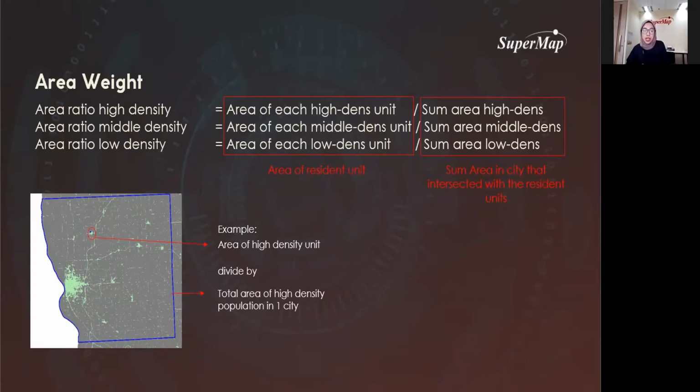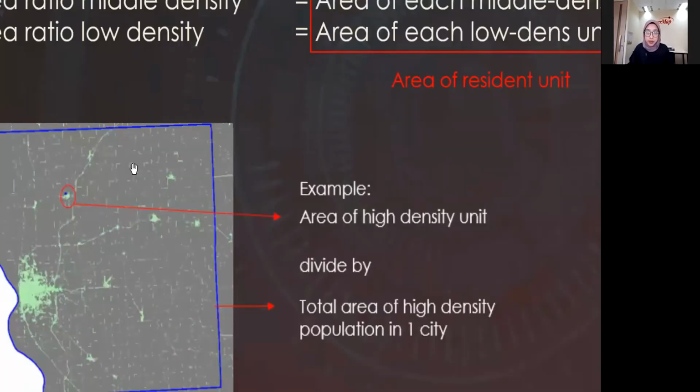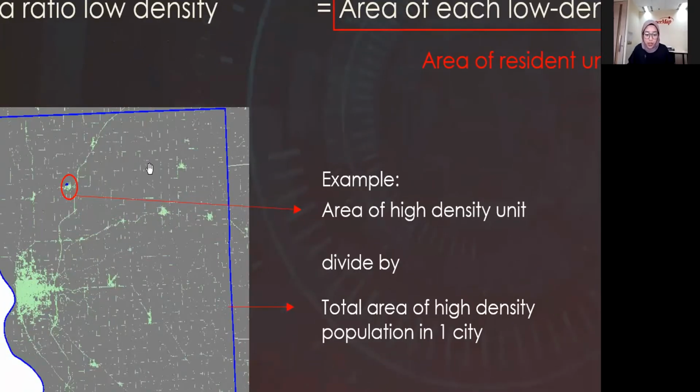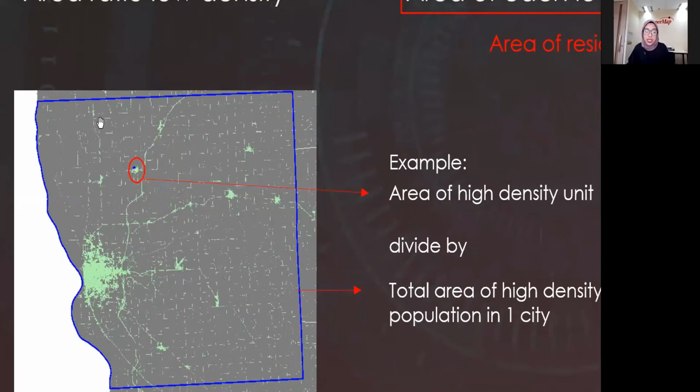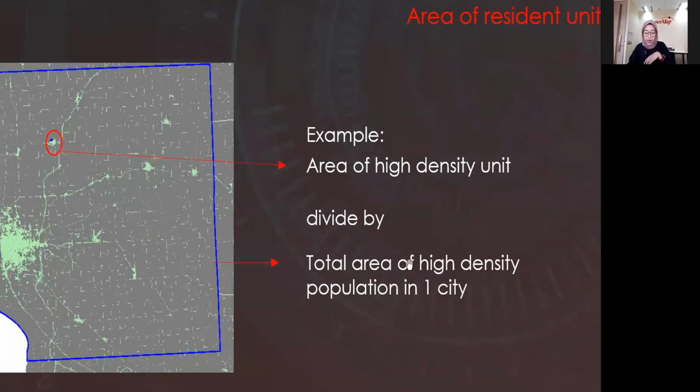Okay, now let's take an example. Now we will try to calculate this point. If you can see here, this shows one unit. The blue point means one unit. We will calculate the area of this blue point, and then we will divide it by the total area.